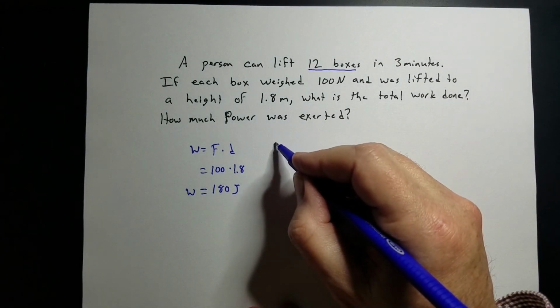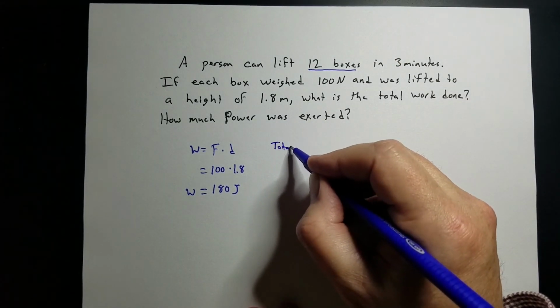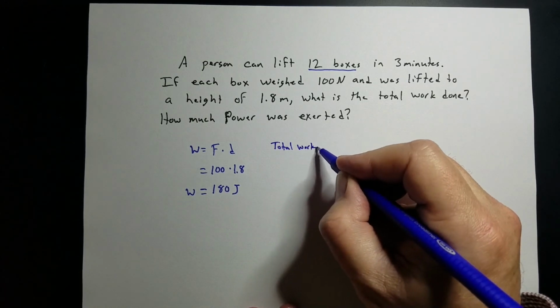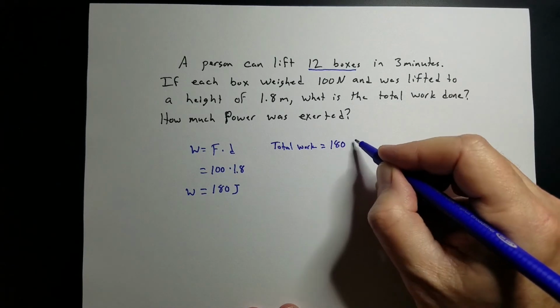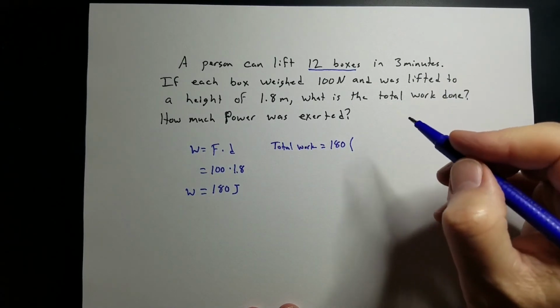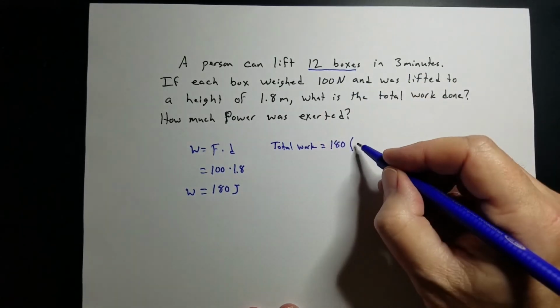So to find the total work, we need to take the work done lifting one box and simply multiply by how many boxes we lift. We lifted 12 boxes.